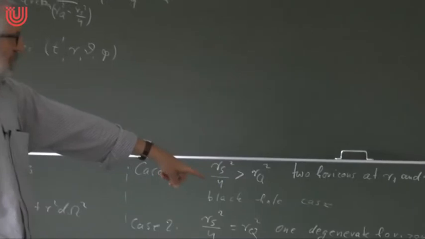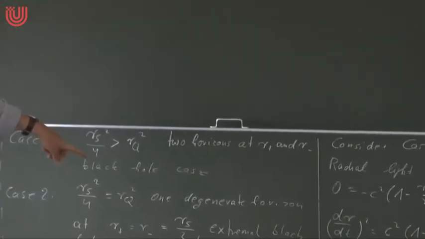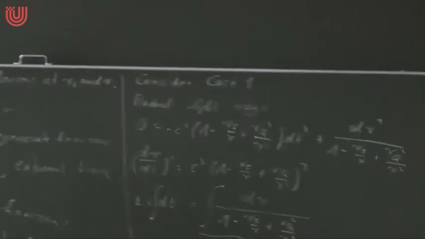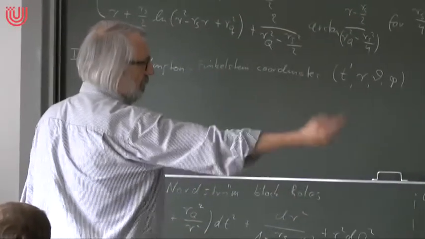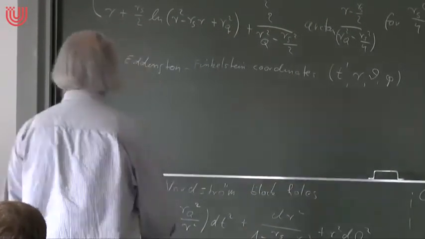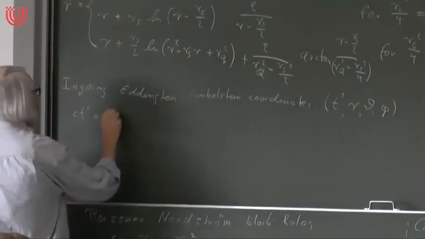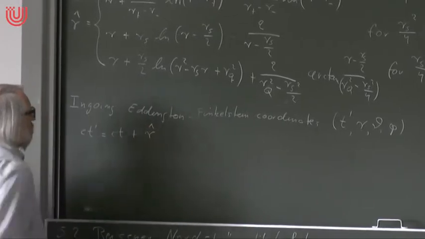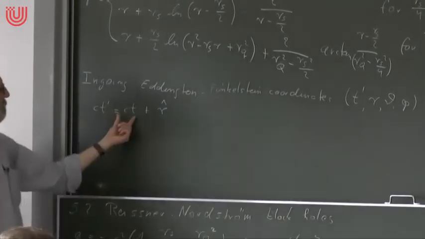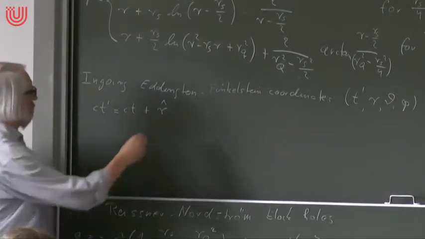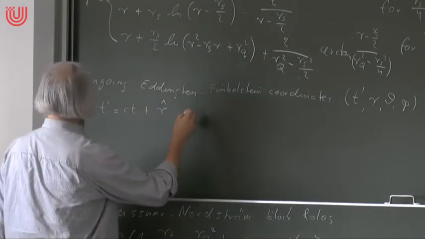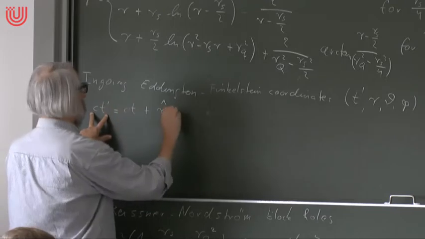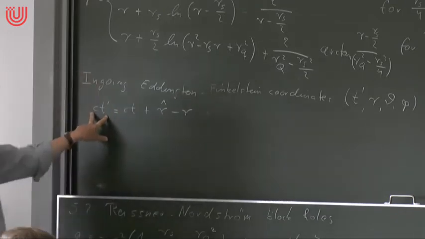And c t prime is just chosen in such a way that for the lower sign, for the minus sign, this becomes an equation for straight lines. So with the lower sign, the t comes to the other side. So this is ct plus r hat.